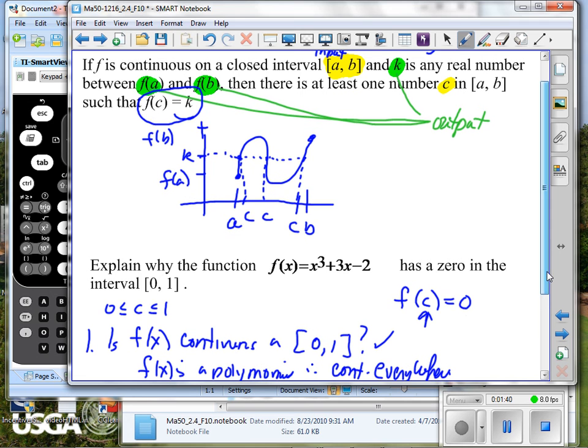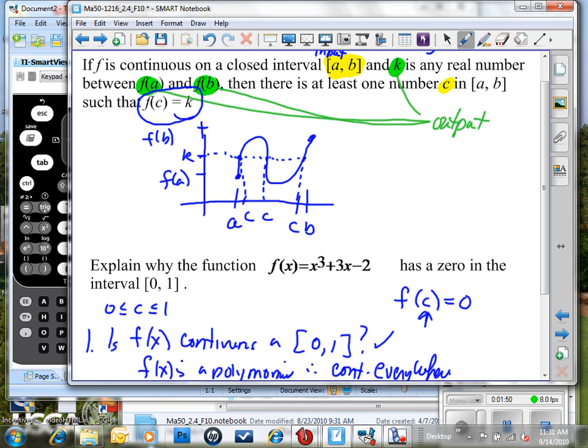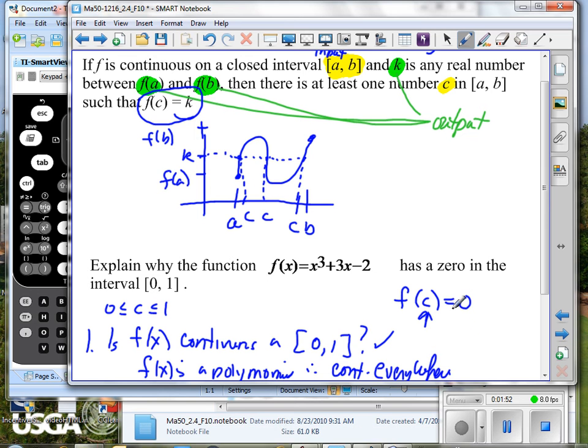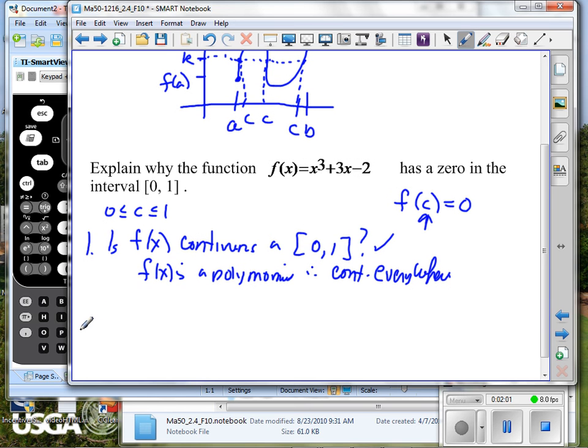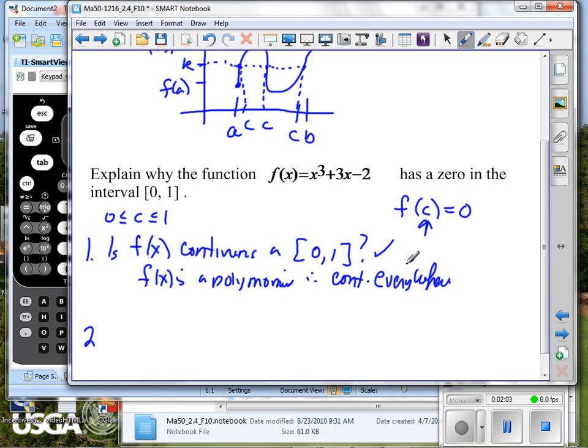Okay. Second thing, k is any real number between f of a and f of b. What's our k down here? 0. Yes. I agree, but what do I not have down so far?